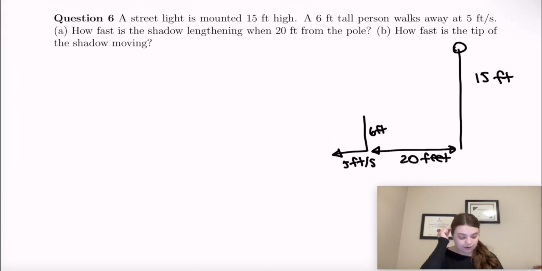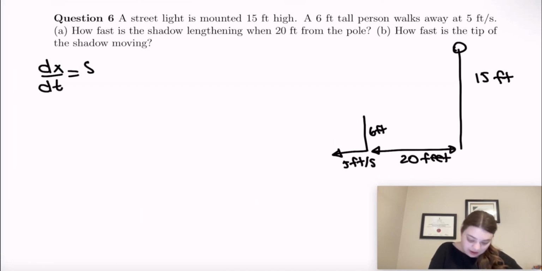We want to know how fast is the shadow lengthening and also how fast is the tip of the shadow moving. So first of all, what do we know here? Well, we know that dx over dt is equal to 5, because the rate of change of x with respect to t, the time, would be 5 feet per second.